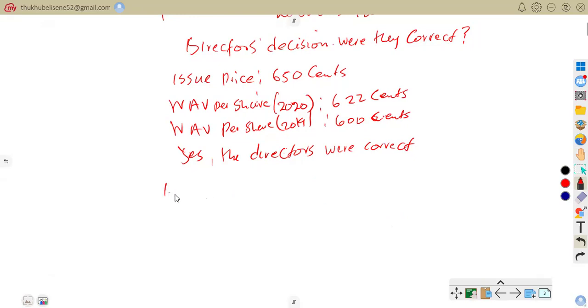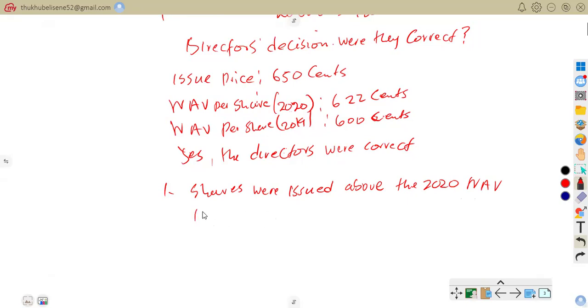That is why, as our first reason, we are saying shares were issued above the 2020 net asset value.